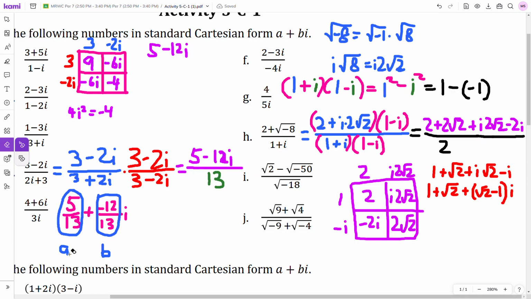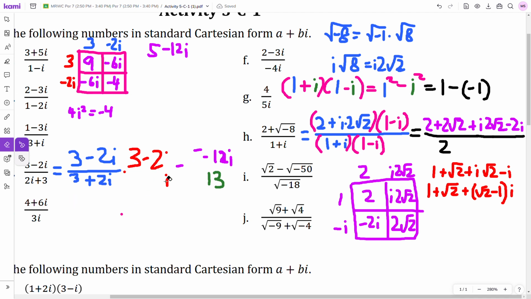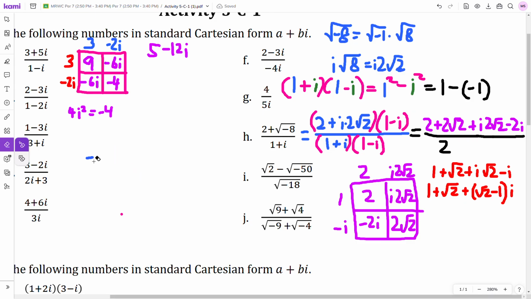No. I'm going to erase this stuff over here. Erase everything? Yeah, maybe. That's my eraser. She's right, though. Sometimes I use the whiteout.